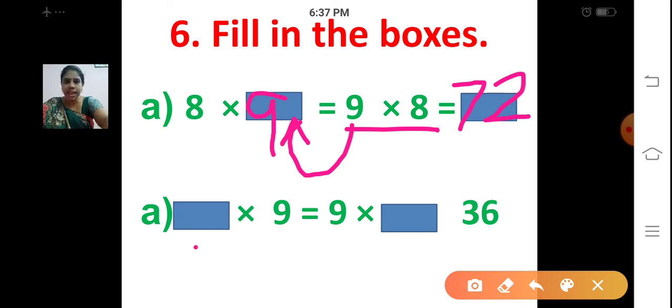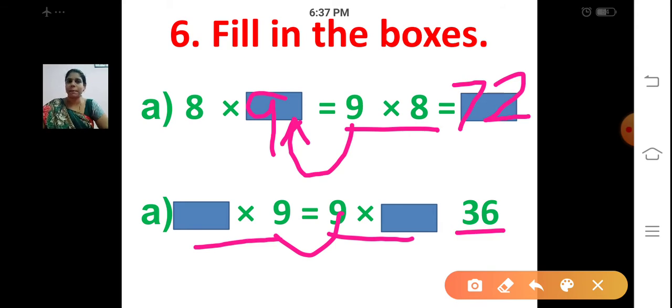Dash into 9 is equal to 9 into dash. See, this we know. With 9, what number should we multiply so that we get the answer as 36?